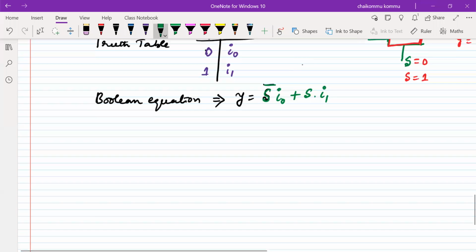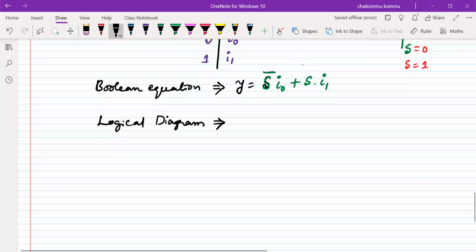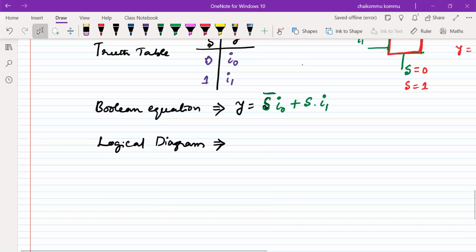So from this one, we can draw the logical diagram. So this design already we have learned from the DLD class. Okay. So it is a very difficult task to go all the time from the truth table to Boolean equation to logic diagram. We can directly write the logical diagram in general.